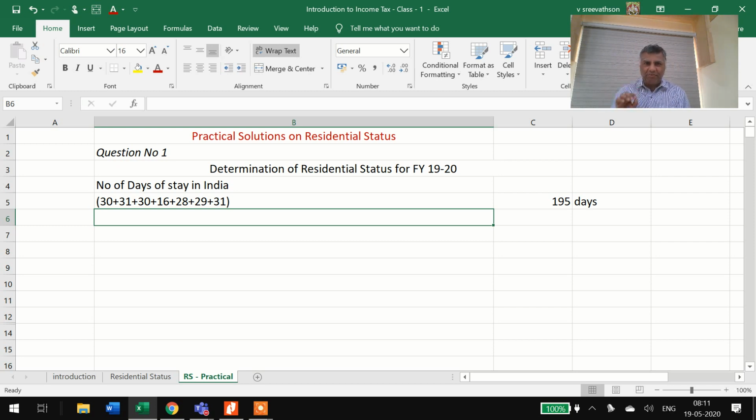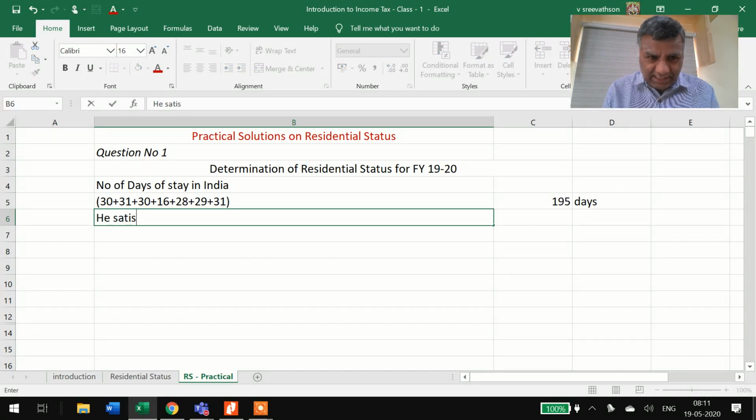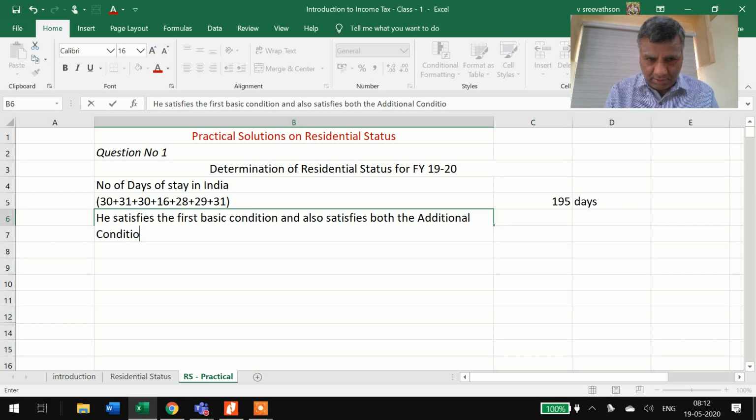Friends, as our friend is telling, he satisfies the first basic condition and also satisfies the additional conditions. So he is a ROR, resident and ordinary resident. He satisfies the first basic condition and also both the additional conditions.